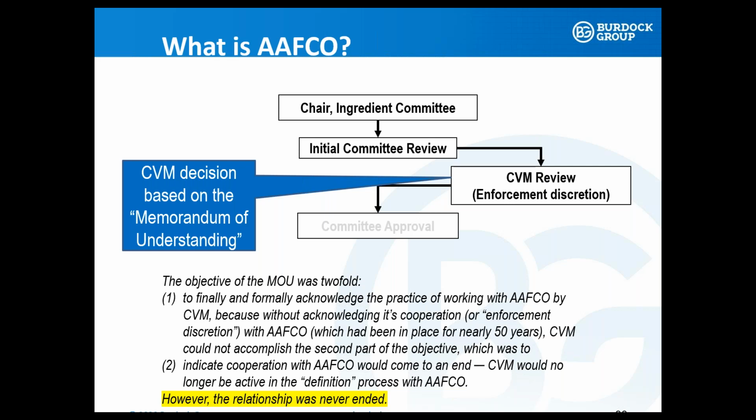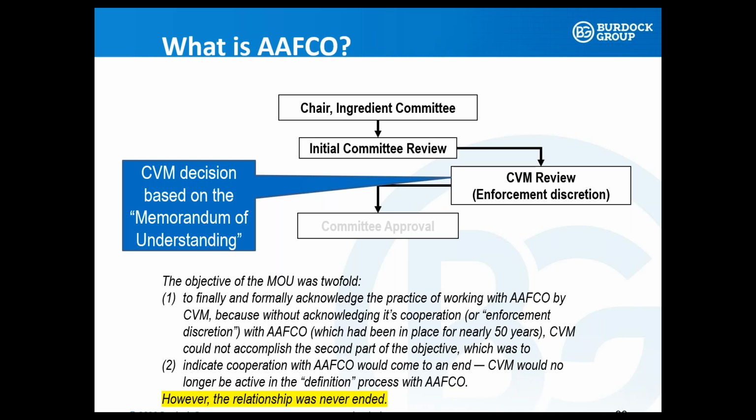So basically, the committee reviews it, they come up with a decision, and then they hand it over to CVM. So this is kind of where it's tricky. While AAFCO is an independent private organization, they are working with CVM to make sure that they can, I guess, get some sort of federal buy-in based on the MOU.